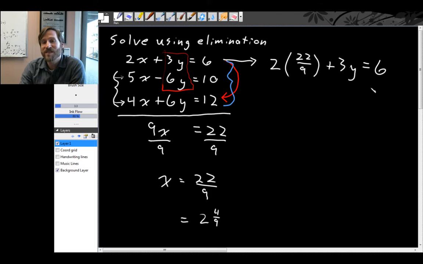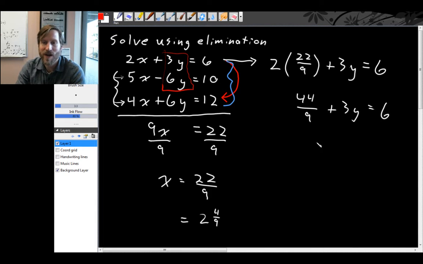Now this equation doesn't have any x's in it. It only has a y. So we can solve this equation for y. We'll start by doing this multiplication over here. We get 44 over 9 plus 3y equals 6. And then we'll subtract 44 over 9 from both sides.